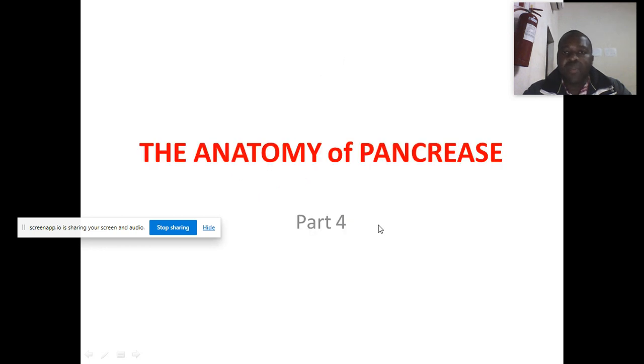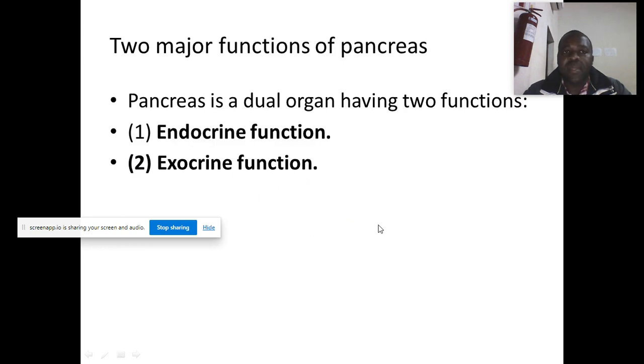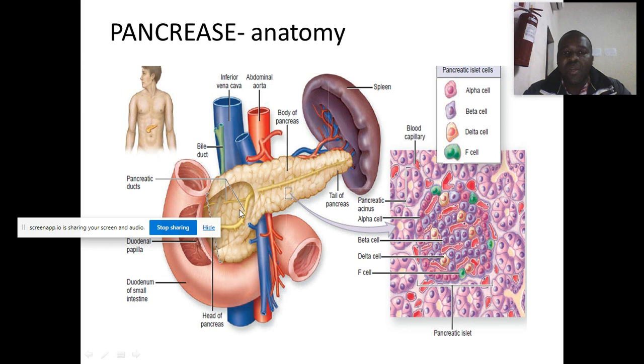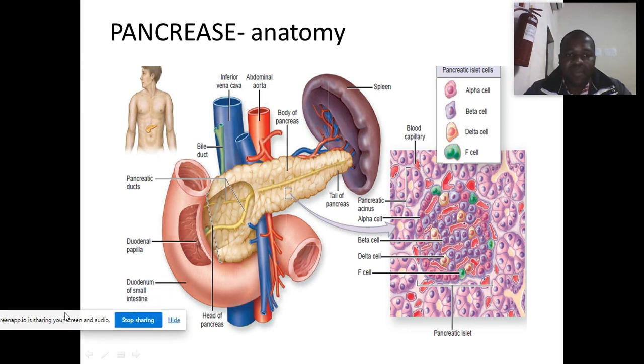Okay, anatomy of the pancreas. The pancreas is a dual organ having two functions, endocrine function and exocrine function. Here I just want you to see that there's a duct that drains these cells. This is called the pancreatic duct. It meets the common duct, which was coming from where?